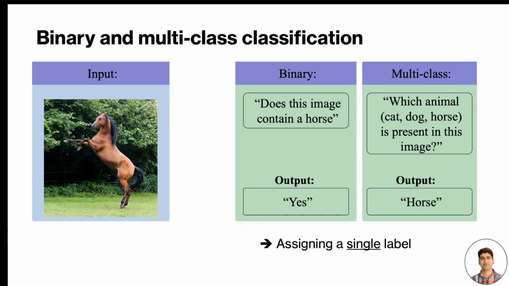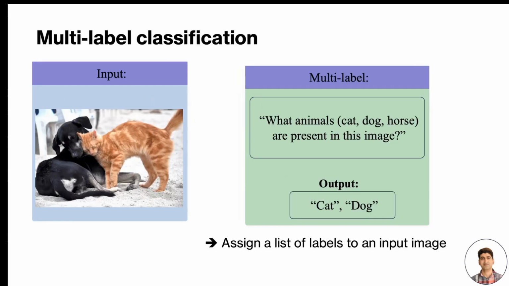So the output for this image would be a horse. Now in multi-label classification, we can assign a list of labels to an input image. For example, for this image, the question would be what animals out of cat, dog, or horse are present in this image, and we can choose multiple options. So for this example, the output would be a cat and a dog.